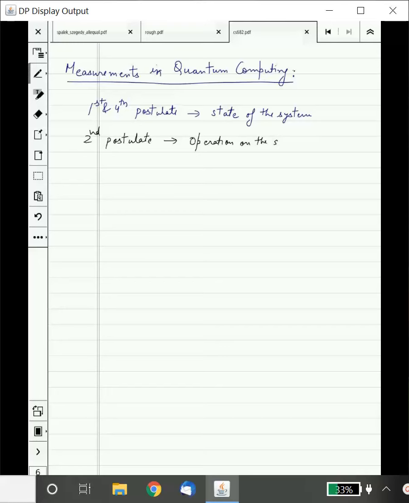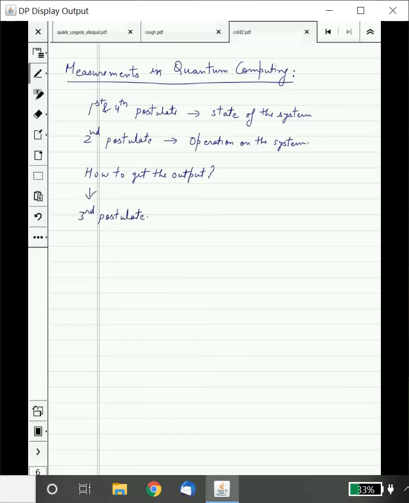Obviously, the next question is how to get the output. We know how the states look, we know how we can operate on them, but how can we get the output of the system? This is what the third postulate exactly describes.